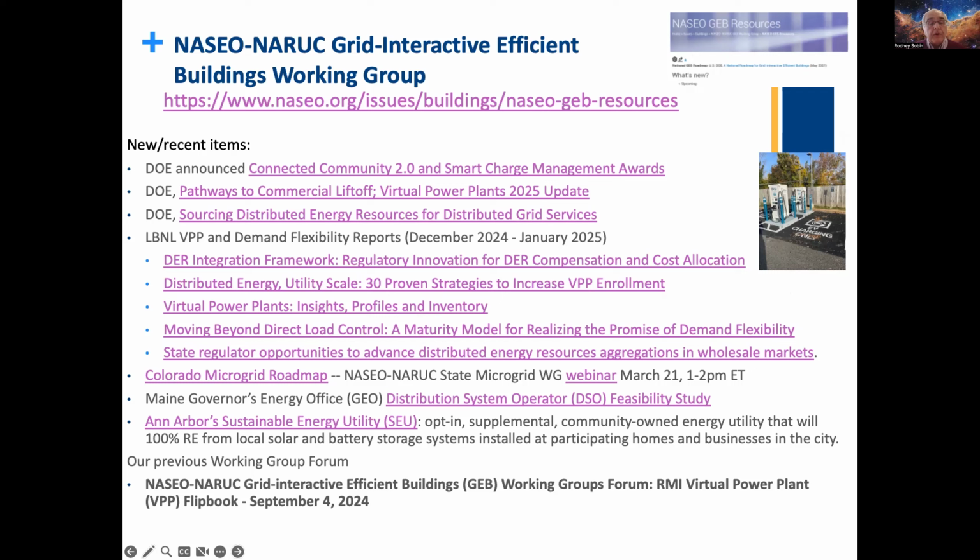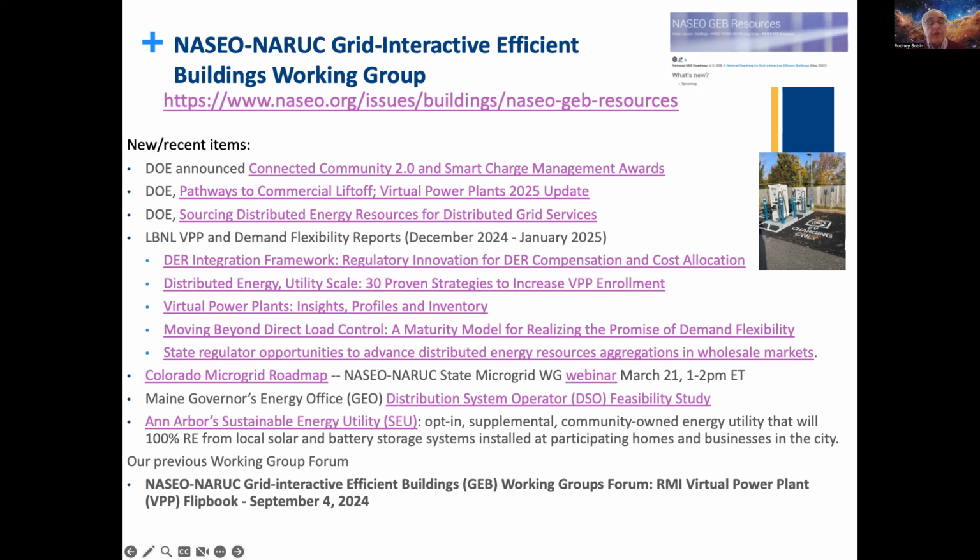We will also point you to the Colorado Microgrid roadmap, and I'll put in a plug for our sister state microgrid working group, another NASEO-NARUC collaboration, which will have a webinar in March. And recently, the Maine Governor's Energy Office had an effort that created a distribution system operator feasibility study, which is worth taking a look at.